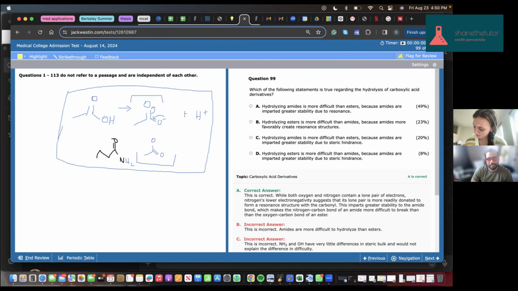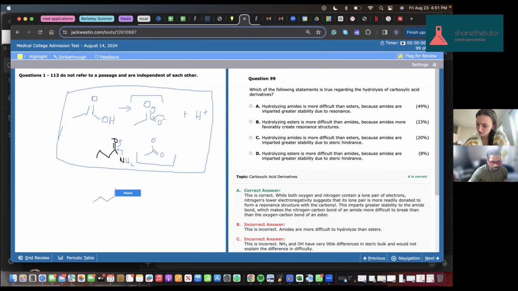For carboxylic acid specifically. In general, resonance will just make something more stable. So in an amide, for instance, there's a lone pair on the nitrogen, which means this can go here, this can go there.